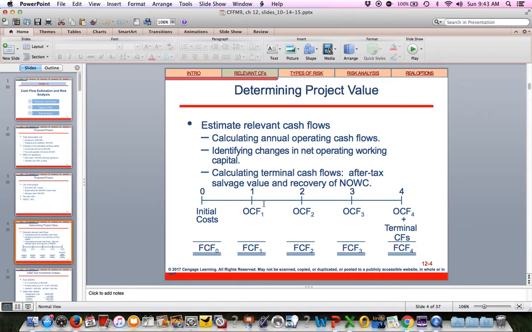Net operating working capital would go back down because we're not making this product anymore, so we don't need the raw materials. That would just go away, and the payables would go away, and so on. So initial cost, future cash flows, and in year 4, terminal cash flows, which are the after-tax salvage value, and then the return, or recovery, of the net operating working capital.